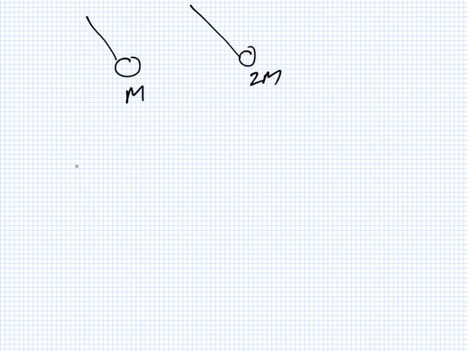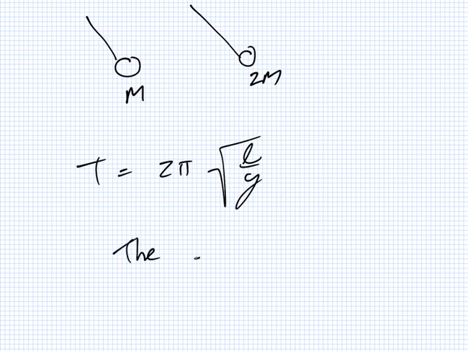What is the length of the pendulum if its frequency was 0.75? So here, frequency is 0.75, which means the time is 1 over 0.75, which means the time is 1.33 seconds.